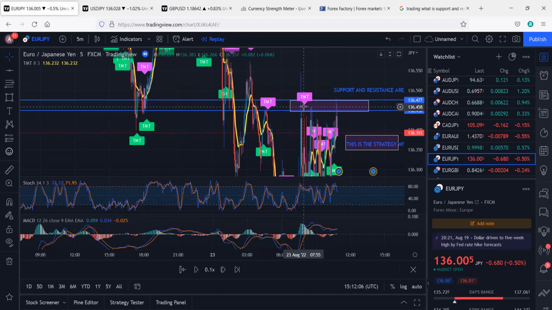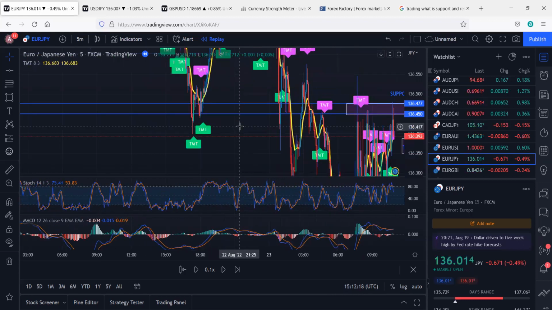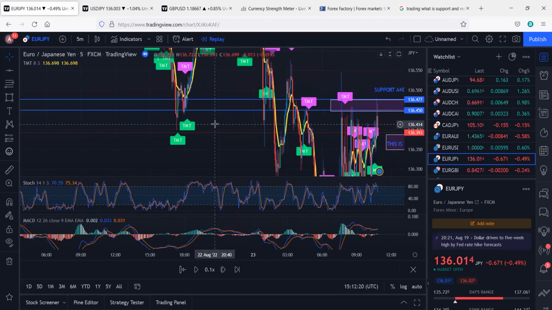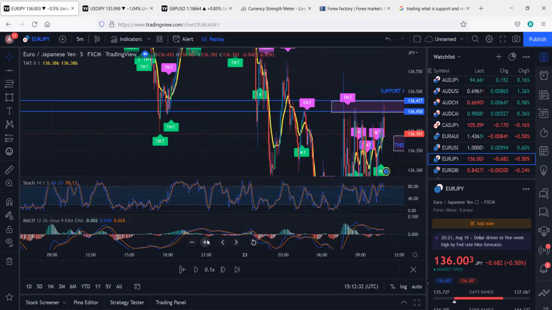The way that I drew up this area is I saw good floors and good roof. The same way I charted up the pullback, I showed in the past how it works, is the same way with the support resistance. With support resistance, we look for areas where the market hit, had a floor, and it also had a roof. So I'll show you where I saw my roofs and floors.